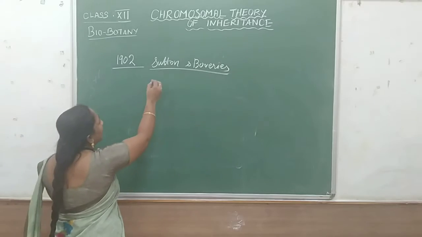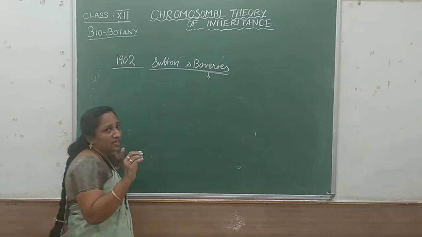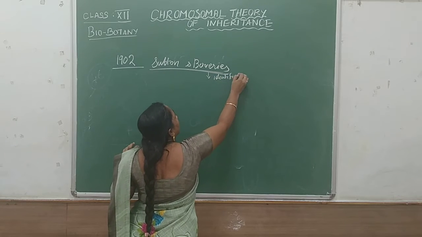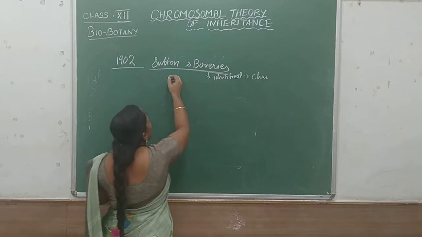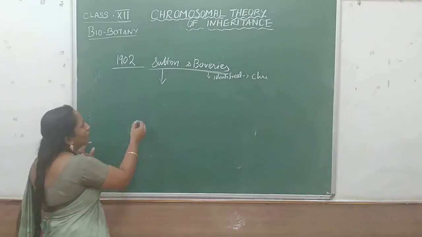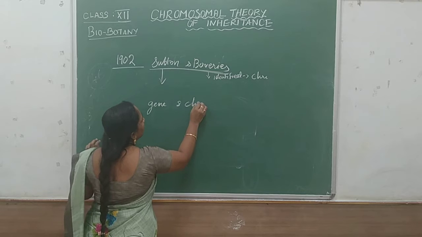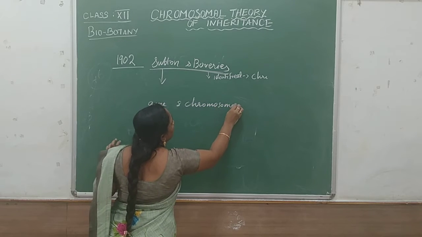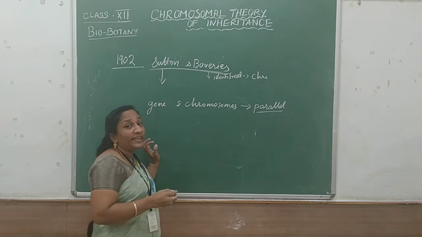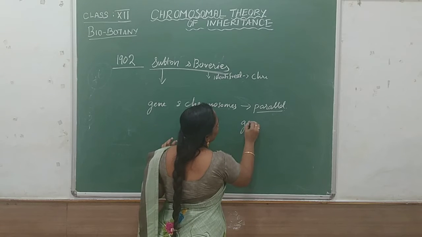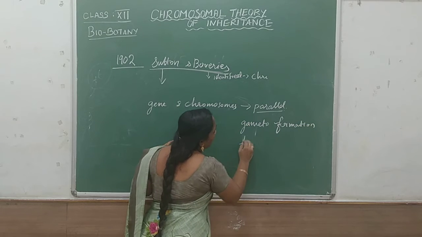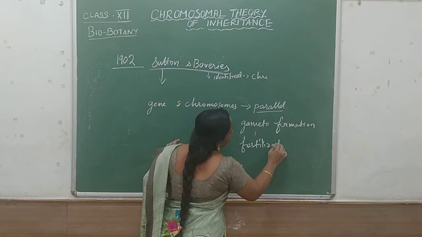So what they said: Boveri only identified the presence of chromosomes inside the nucleus. And Sutton said that genes and chromosomes are parallel during gamete formation as well as during fertilization.